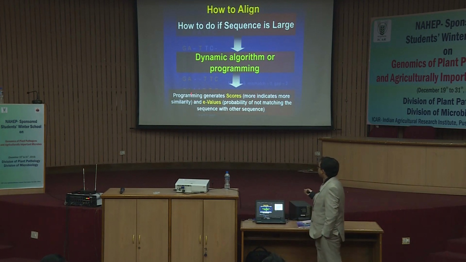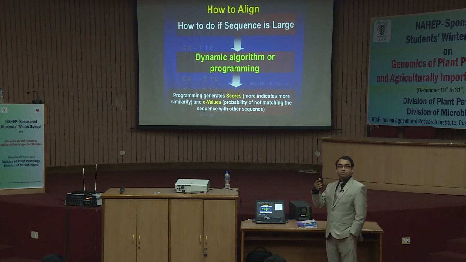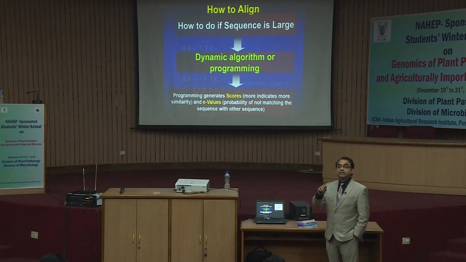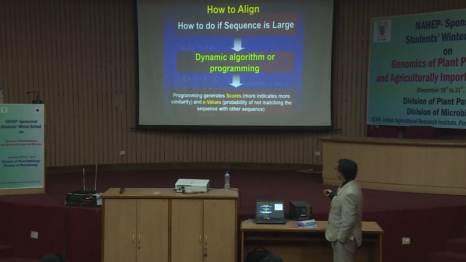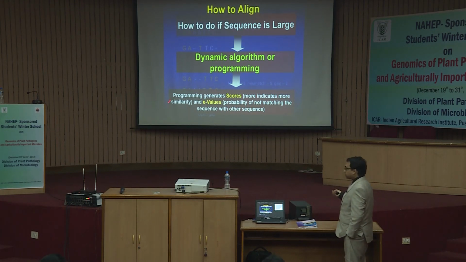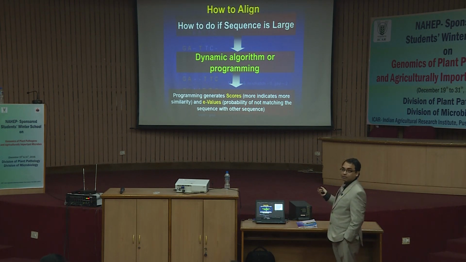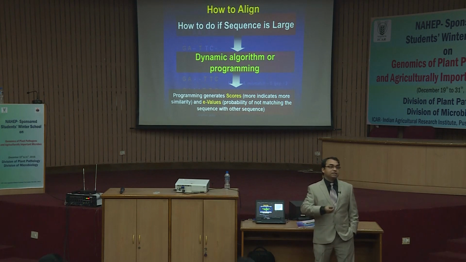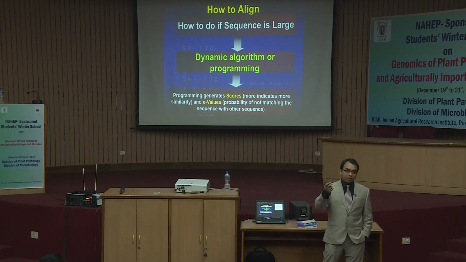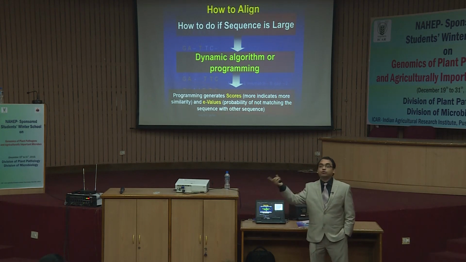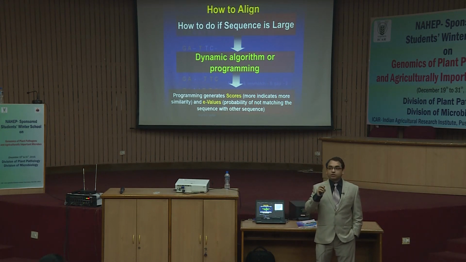The program generates some scores, these points: with the penalty and other things, how many points the alignment has, that is called the score. So, a higher score indicates more similarity, and they also generate an E value. This E value means the probability of not matching your sequence with the other sequence. So, if the E value is 0.003, it means the probability of not matching your sequence with the sequence which is deposited is 0.003.